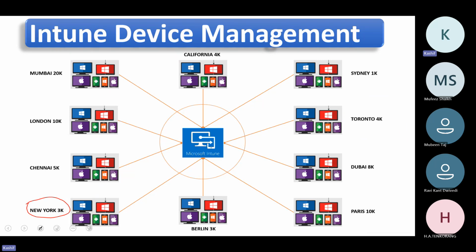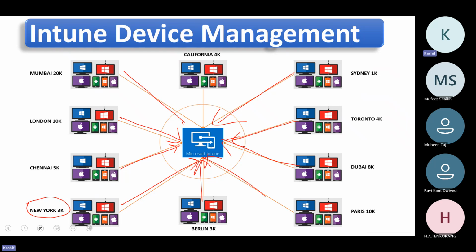So you need to enroll the devices from all the regions, and then you can control the devices. You can send policies to the devices, you can send applications to the devices, and everything will happen over the internet. You don't have to physically deploy policy or physically install any application. So it will be in your control.